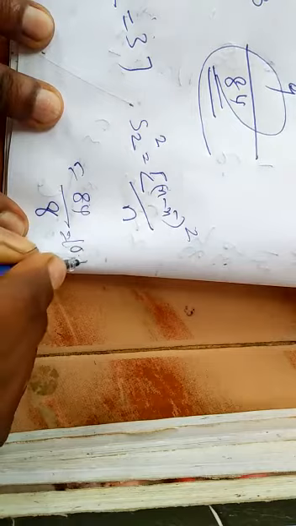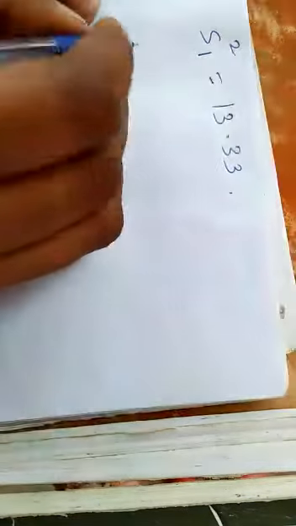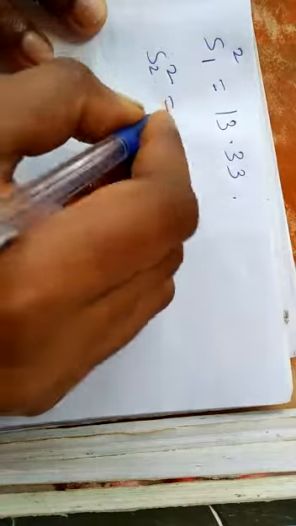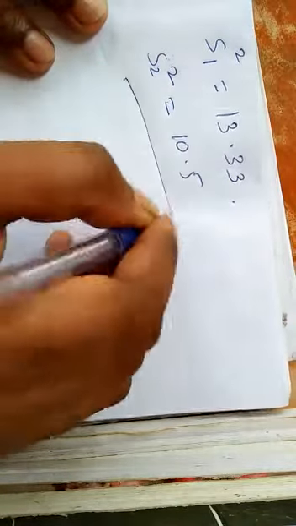So you get 10.5. Now you have S1 square equal to 13.33 and S2 square equal to 10.5.